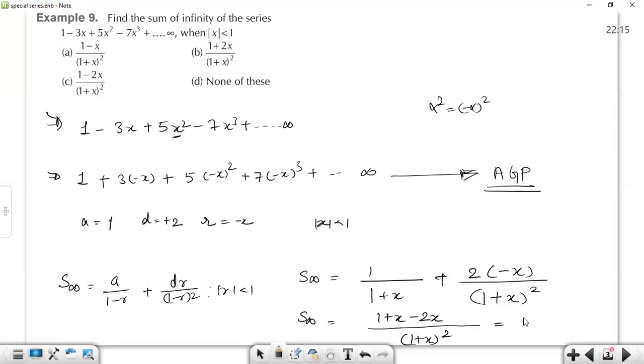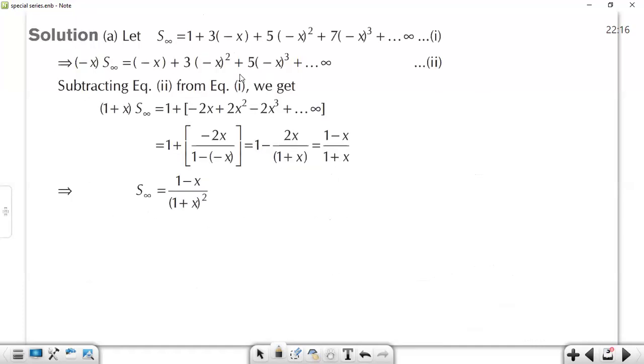So 1 plus x minus 2x becomes 1 minus x divided by (1 plus x) whole square. The first option matches, which is the correct answer. Clear, everyone? Any doubts? No? Have a look here also.